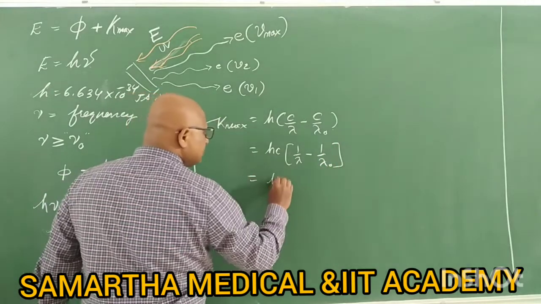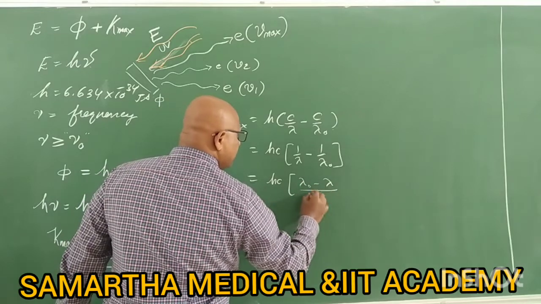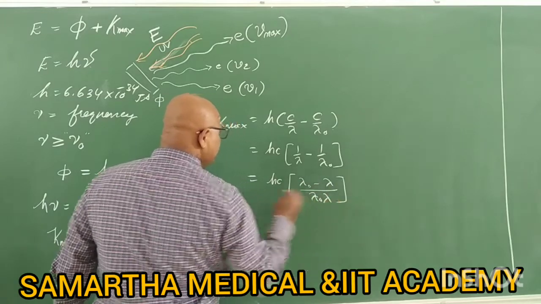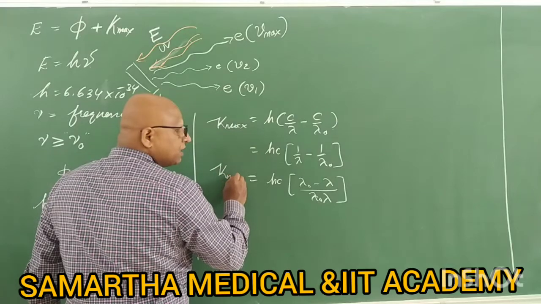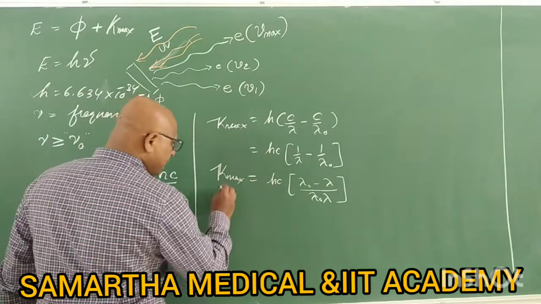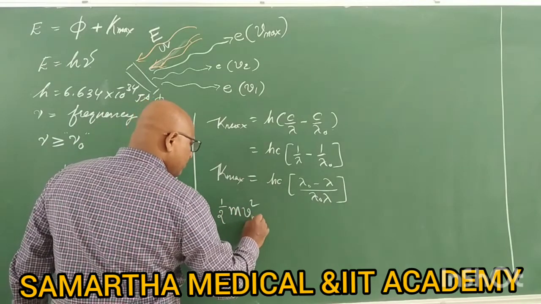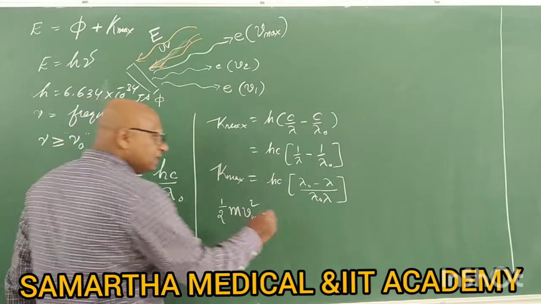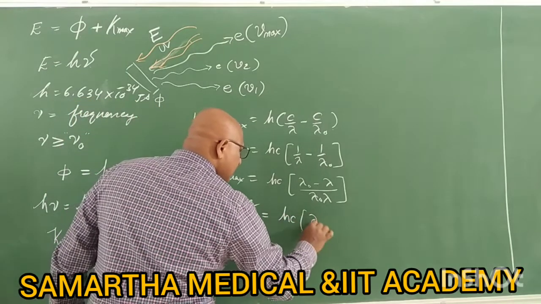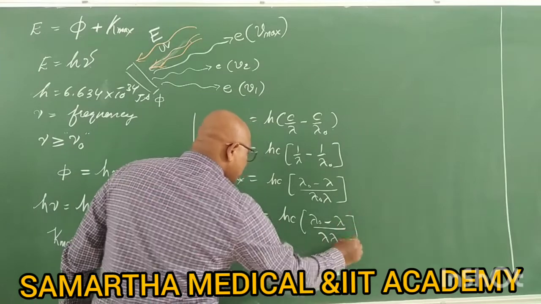If you simplify this, hc into lambda naught minus lambda divided by lambda naught into lambda. This is the expression for Kmax. So what is Kmax? Actually, Kmax is nothing but half mv square max. So hc into lambda naught minus lambda divided by lambda into lambda naught is the expression.